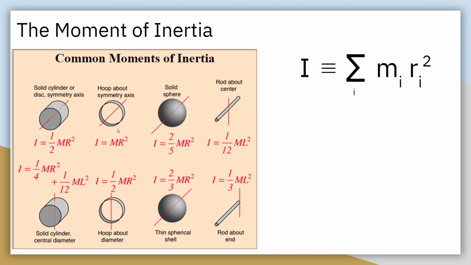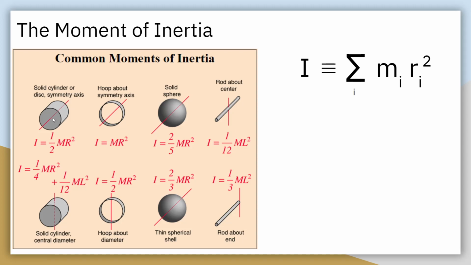Whereas objects that are solid, like this solid cylinder or disc that is also rotating about its symmetry axis in much the same way this hoop is, have some mass at a distance of 1 r away, but also some mass at a distance of 1/2 r away, 1/4 r away, 1/16 r away.